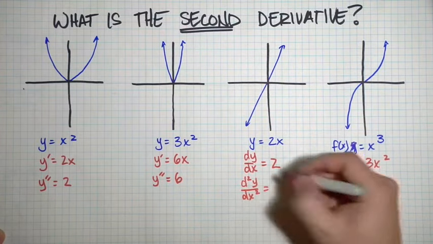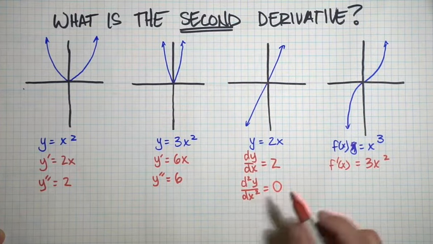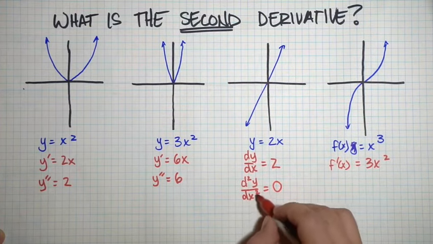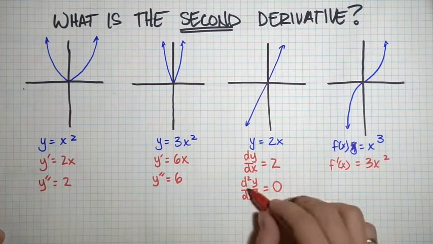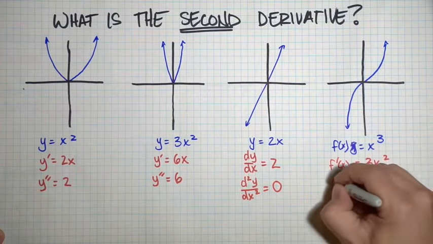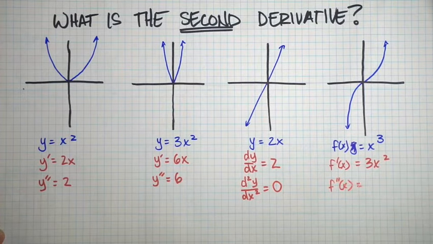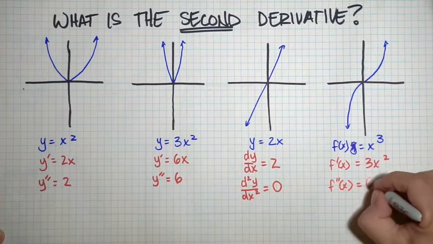And that's going to be, well, what's the derivative of 2? It's just 0. Again, this just means the second derivative. The reason why it's d squared y over dx squared is something I'll talk about a little bit later, but this essentially means the second derivative, which is the same thing that these things mean. Over here, we can take the derivative, and it's going to be f double prime of x, and that just equals, well, bring that down, so 6x.